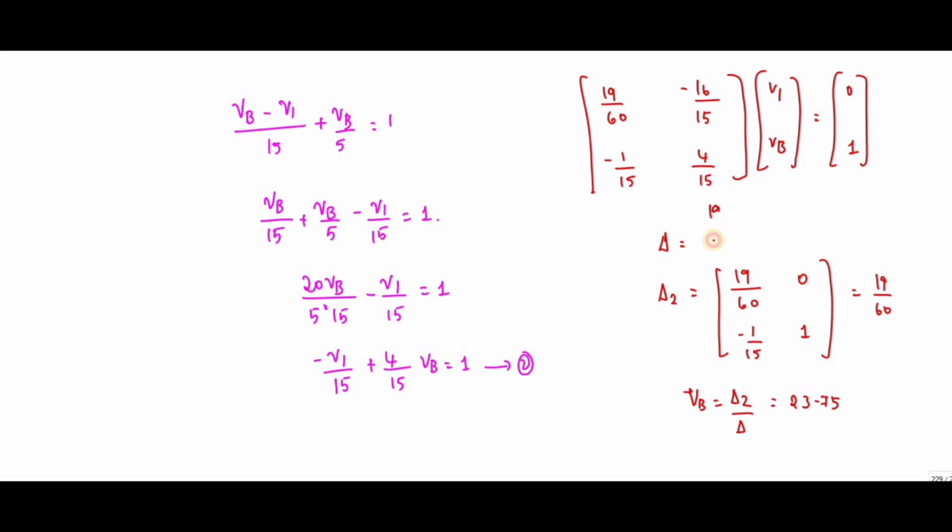You know how to find the value of del: 19 by 60 times 4 by 15 minus 16 by 15 times 1 by 15. If you solve, you will get the value of del, and if I divide, you will get the answer.